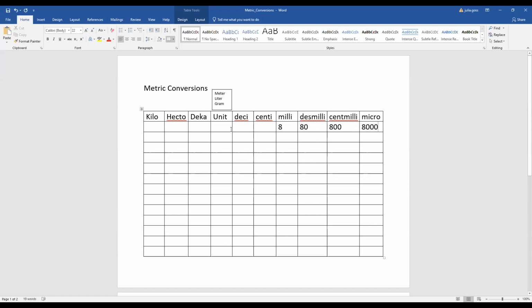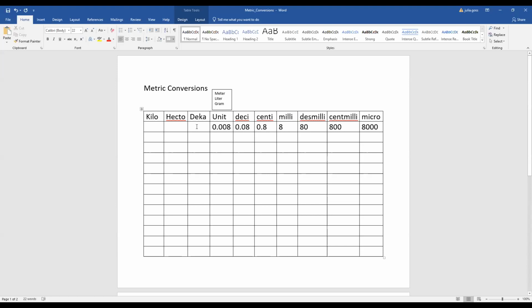Now, if I wanted to go backwards with it, we have to remember we're moving the decimal the other way. So for milligrams, it would be 0.8 centigrams. And if it was deci, it'd be 0.08. And then the unit, so just for grams, it would be 0.008.